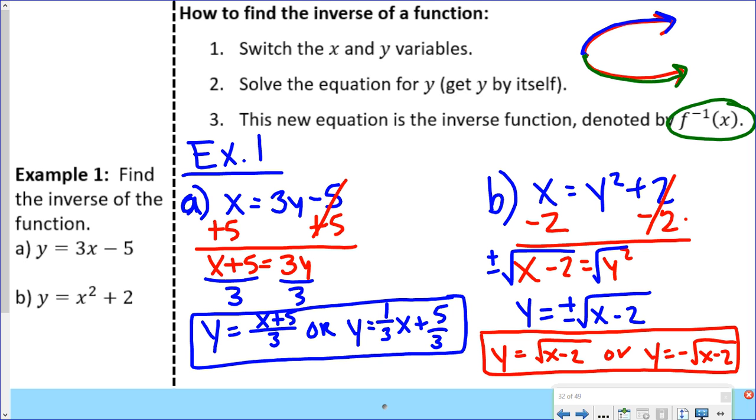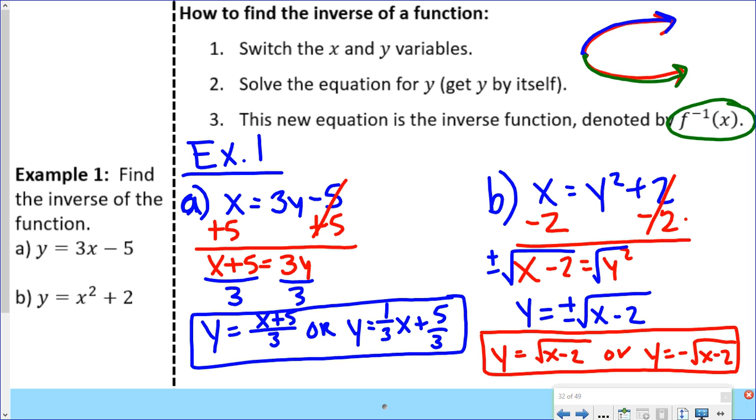And in college algebra, you'll learn more about those restrictions. Here, we're just introducing this idea of inverse. Or the answer is y equals the negative square root of x minus 2, depending on the restrictions. Now, we're not going to go into those restrictions, but know that there are restrictions that you'll learn in a later math class in college algebra.